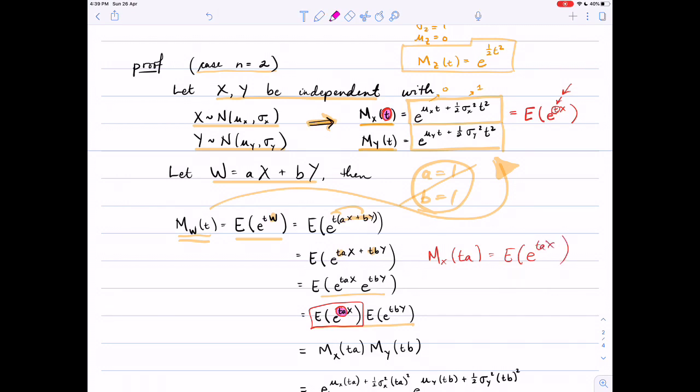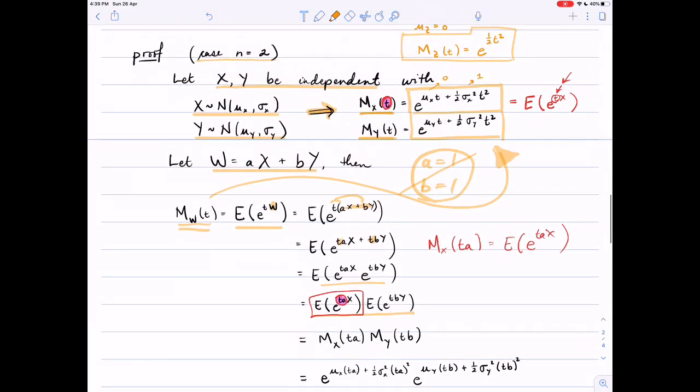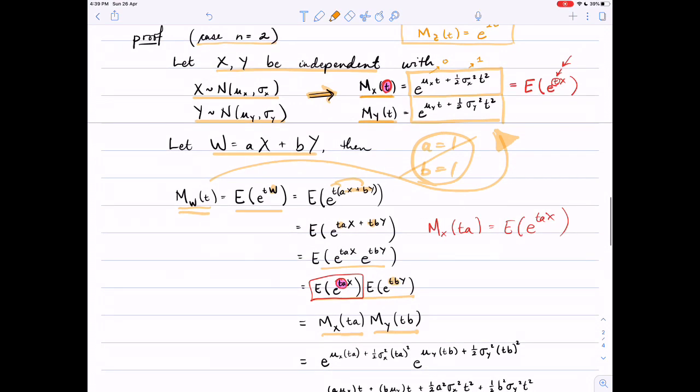So this, being a little crafty in our usage of the moment generating functions, is the moment generating function of X evaluated at ta, and this is M sub Y at tb. So plugging those into exactly here, for every t, I am plugging in ta for X, and for every t, I am plugging in tb for Y.